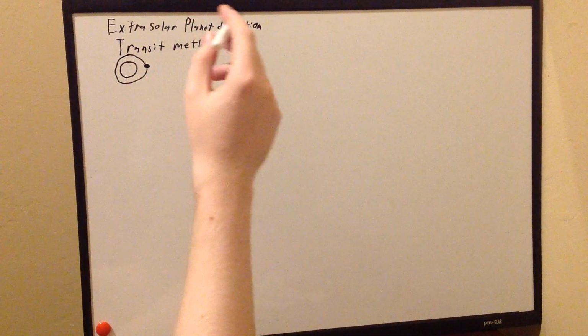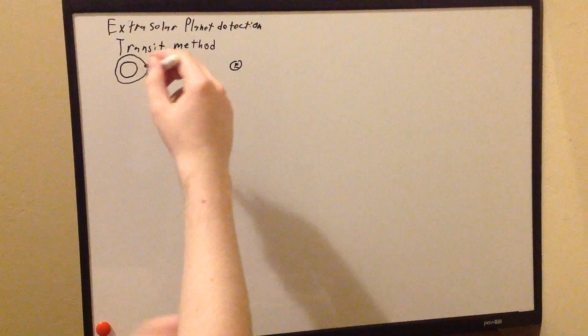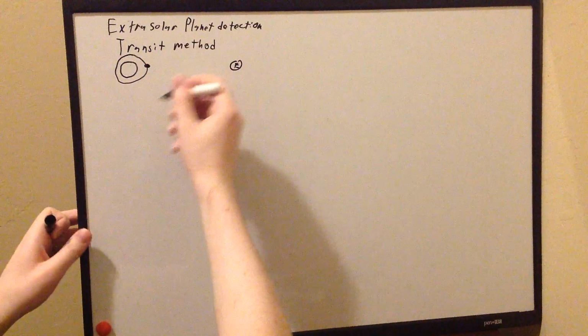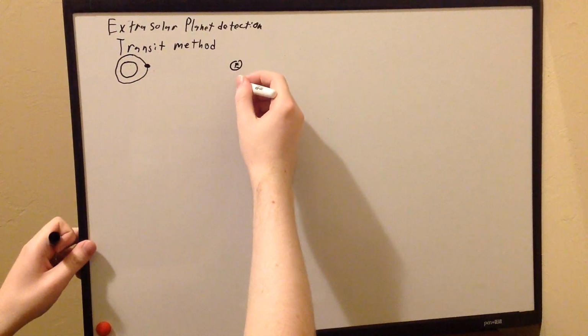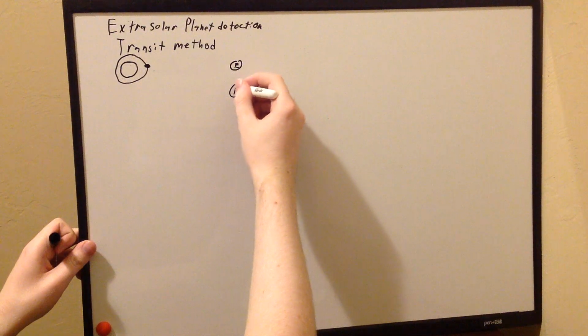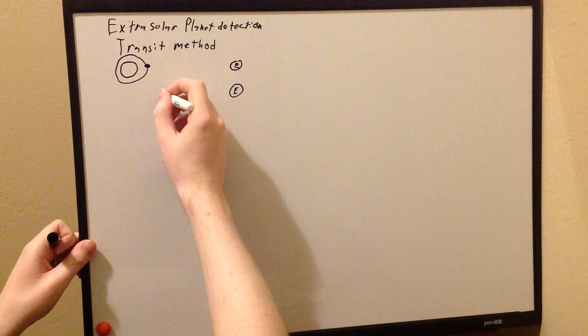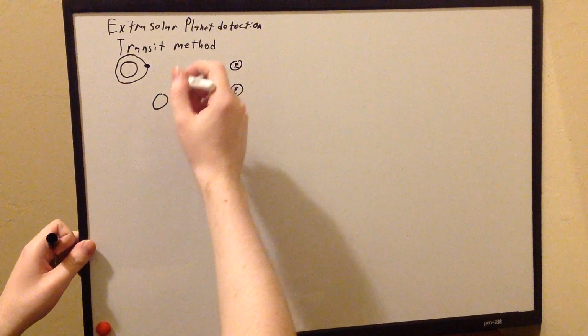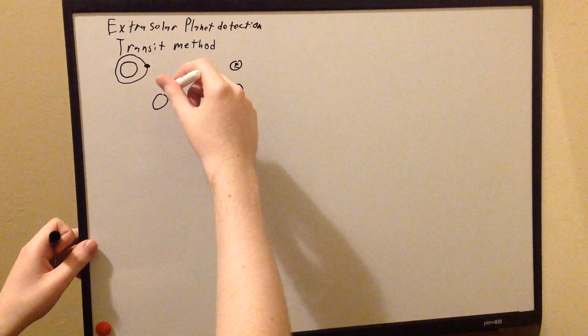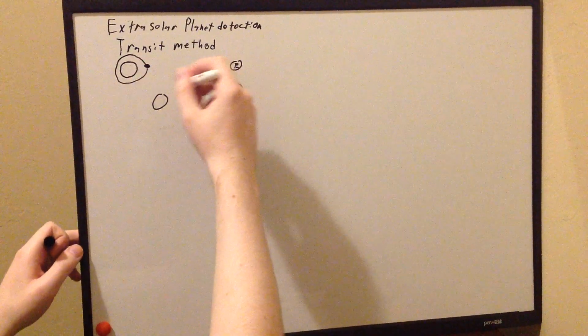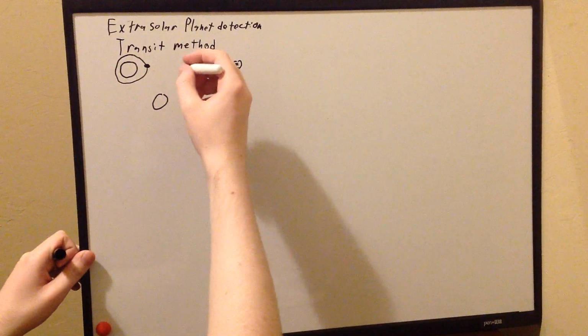But the transit method does have some problems. The main one is that the transit method only works if the orbit of the planet is lined up properly with us and the star.